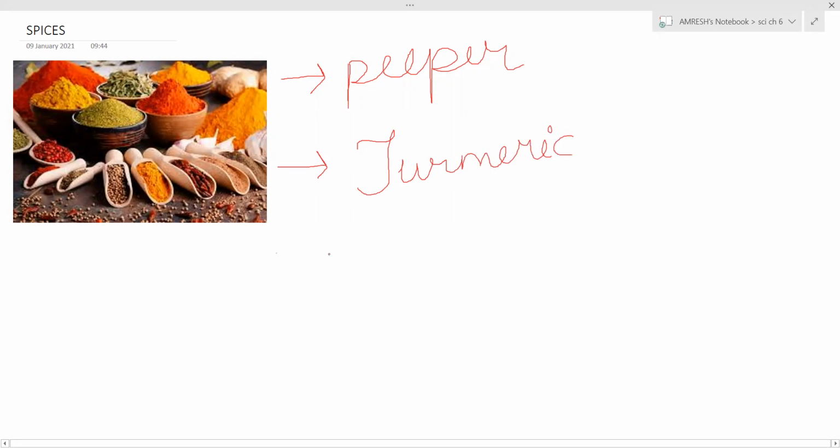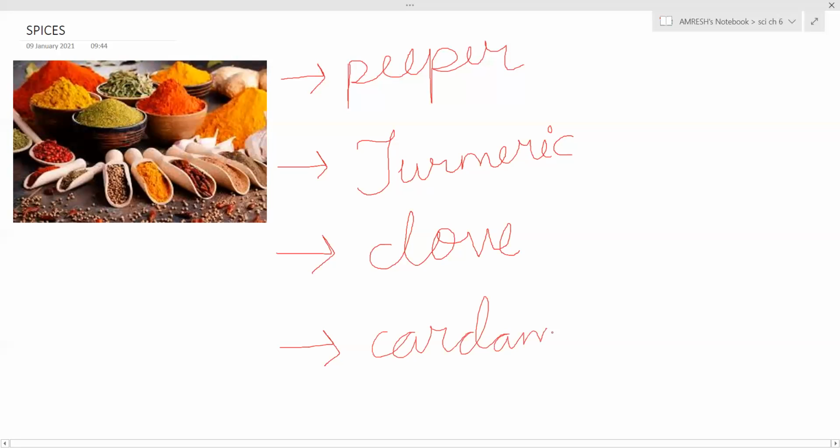Clove means long. It is very good for your teeth. Clove and cardamom, elaichi. They all are the English names, but you also remember the Hindi names, so it is very easy to remember for you. These are the four basic spices. And also red chili. Red chili is also a very good spice.